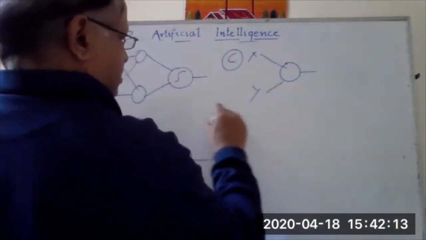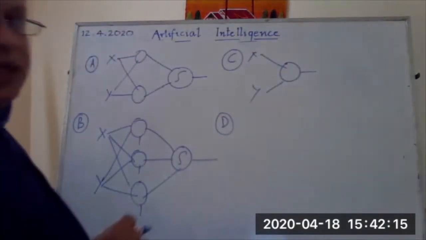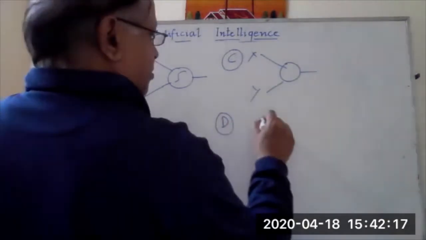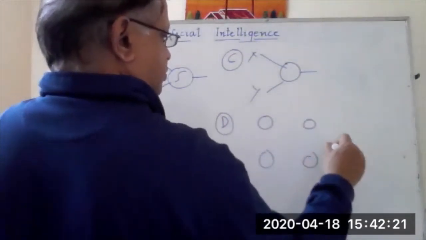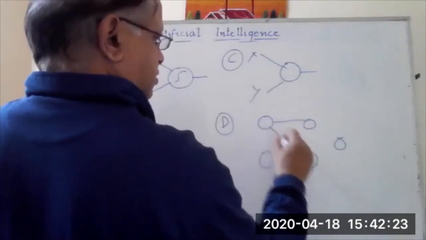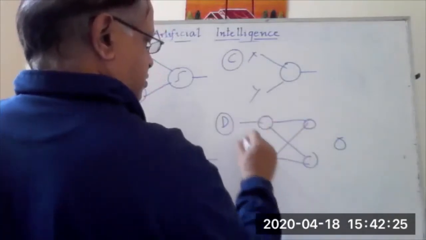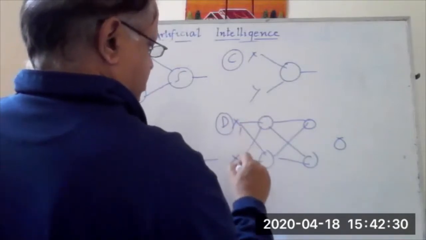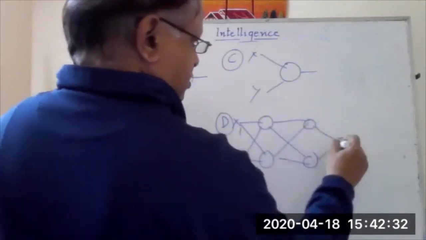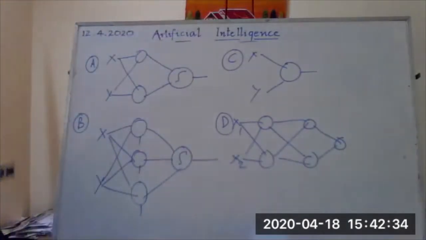And D is the one which has 1, 2, 3, 4, 5. Okay, X, X1, X2, X and Y, something like this, right?